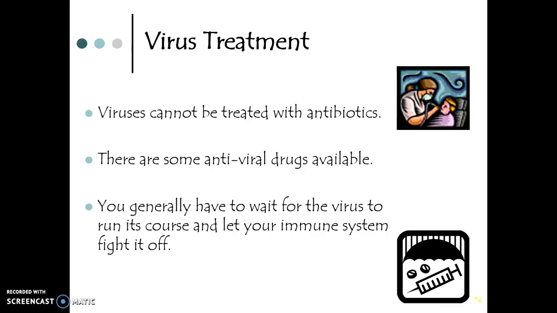Now, we have created some antiviral drugs. You've heard about people who have AIDS taking antiretrovirals, which can help slow down the virus's reproduction cycle, so they can lower viral loads that way. But viruses mutate and evolve very quickly, so they're constantly changing.